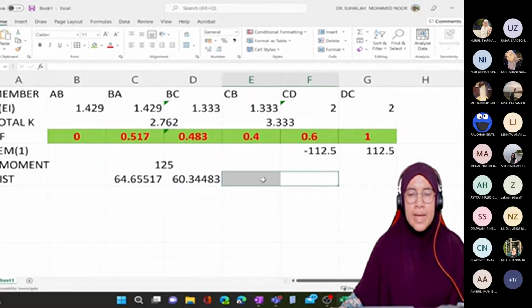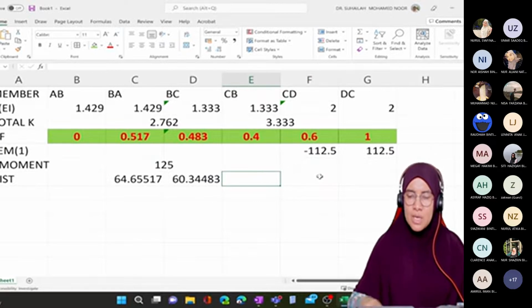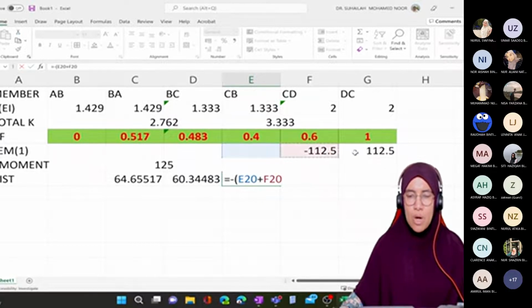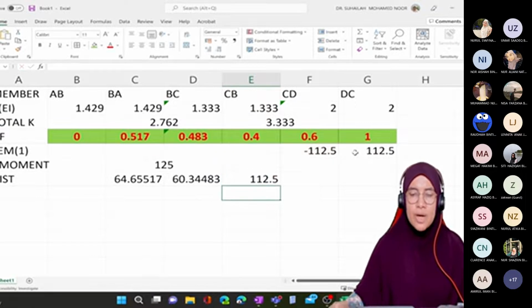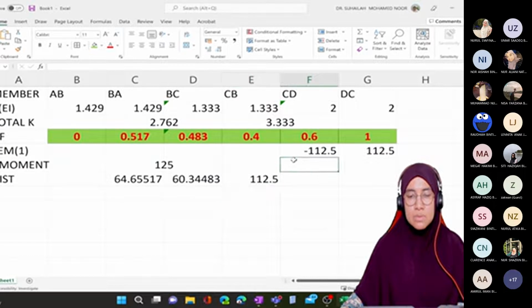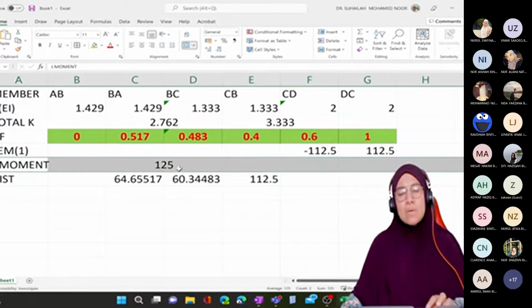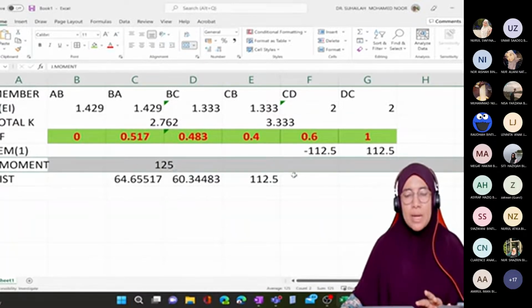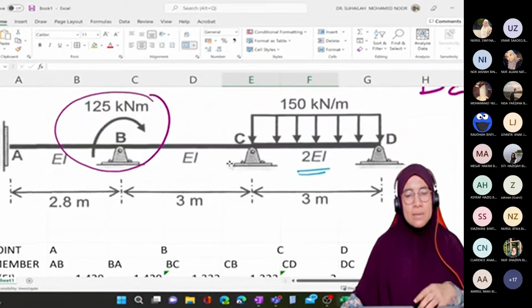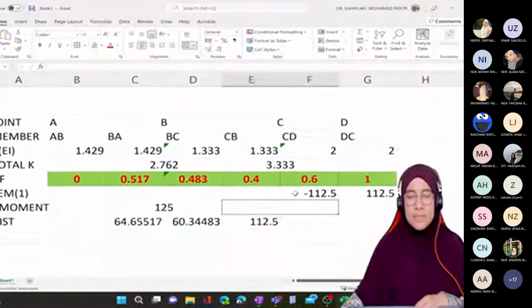Okay, and then the joint moment for C, we get from 0 plus negative 112.5, so the joint moment is 112.5. You can skip this step and line if there is no joint moment like this in the question.